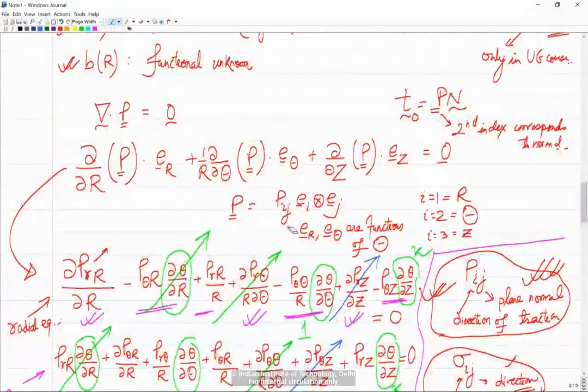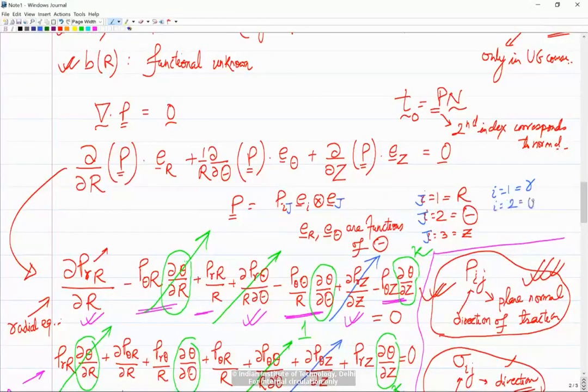So let me use different indices here. Small I, but I'll say big J, and so these are all big J. But for small I equal to 1, it is small r. Small I equal to 2, it is small theta. And small I equal to 3 is small z. Because I have to expand it in the mixed coordinate system, right?